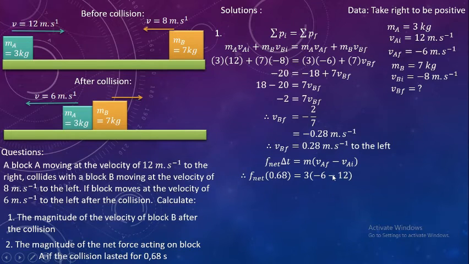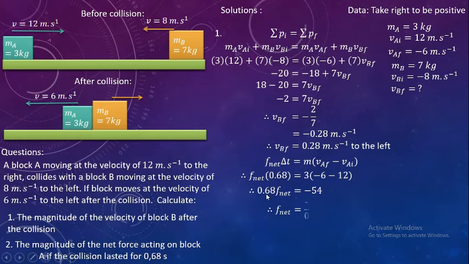This negative comes from this formula. The initial velocity for object A is positive, and then when we multiply these, it will give us 0.68 F net. This whole thing will give us negative 54.